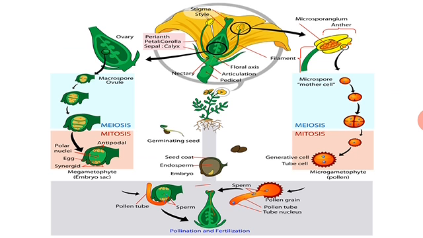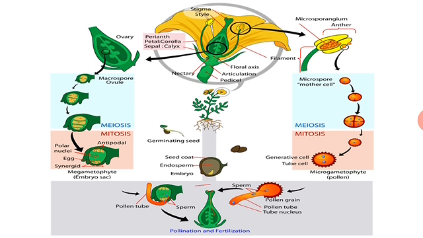So the fertilized ovules become seeds, then the ovary grows and becomes the fruit. The rest of the flower dries up and falls. So let's start here in the microsporangium or the anther.